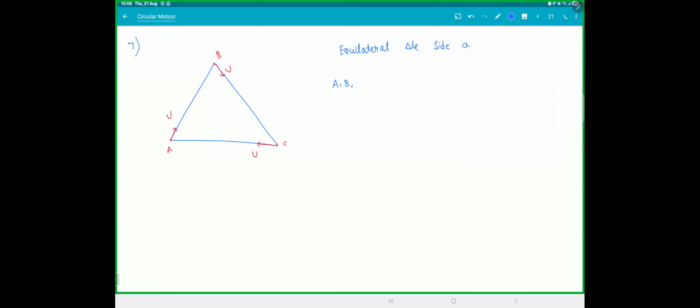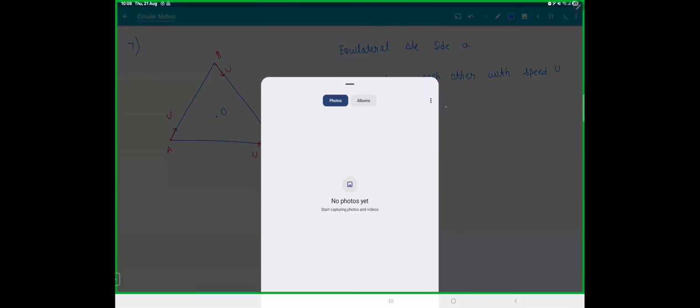A, B, C chase each other with speed U. Who is the centroid? So this is how they go.